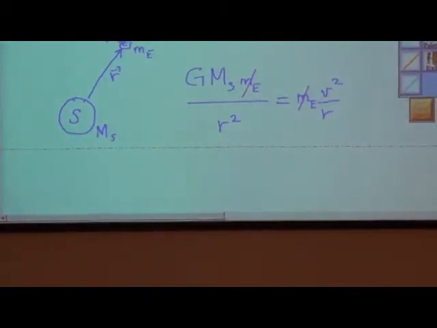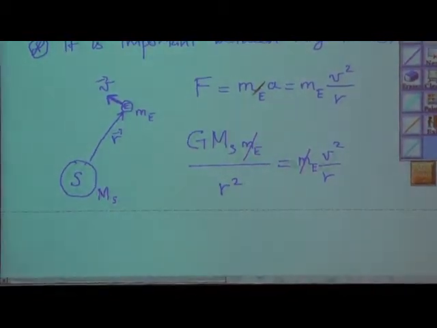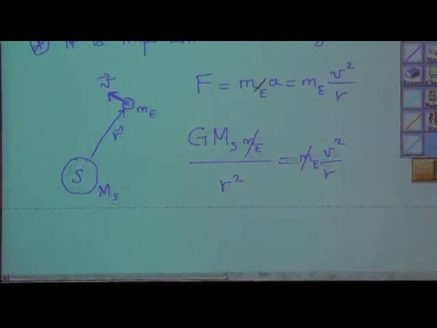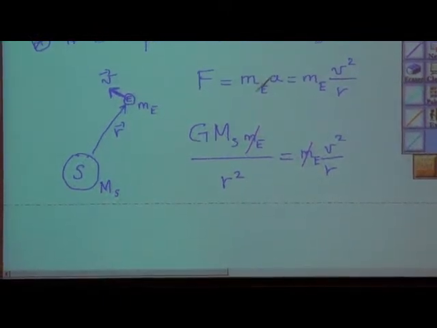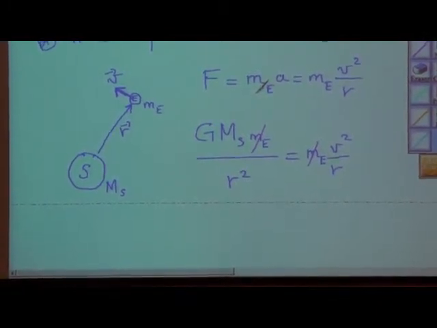One important thing to note, that if we go back to here, we did something very important. We equated two forces. This one is the gravitational force. The other one is the centripetal force, but F equals ma is just Newton's second law. So here, what we have is what's called inertial mass.